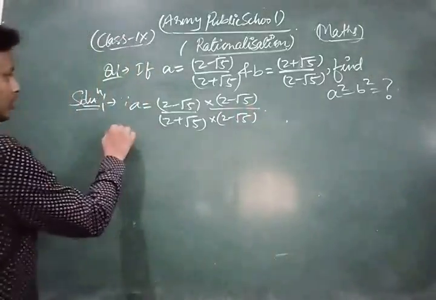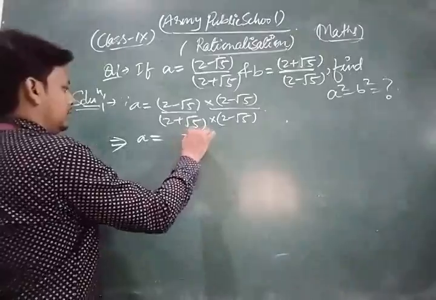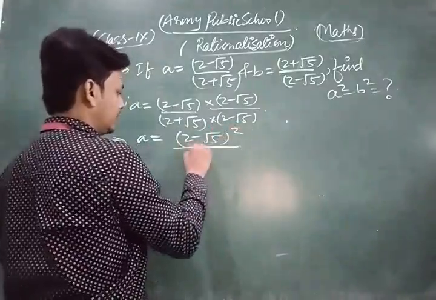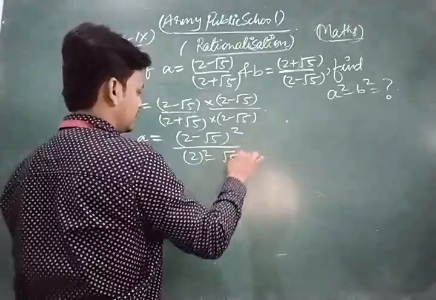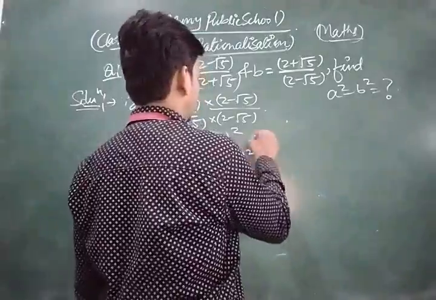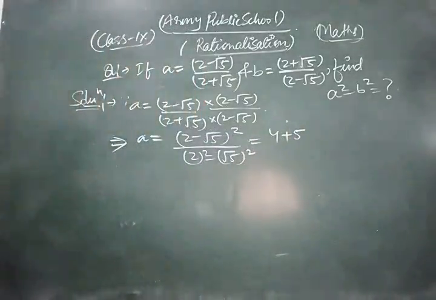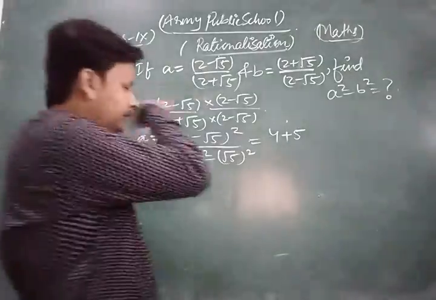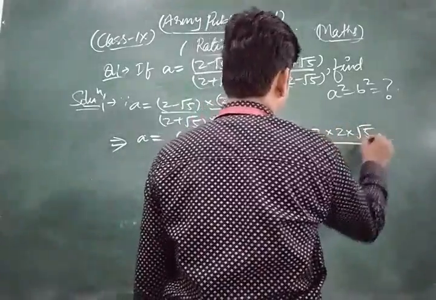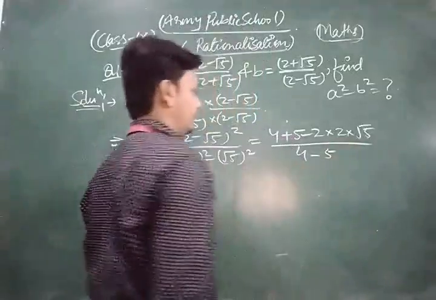Now we have a equal to 2 minus root 5 whole square upon a plus b into a minus b, so we can write a square minus b square, that is a square plus b square minus 2ab, upon 2 squared, which is 4, minus 5.